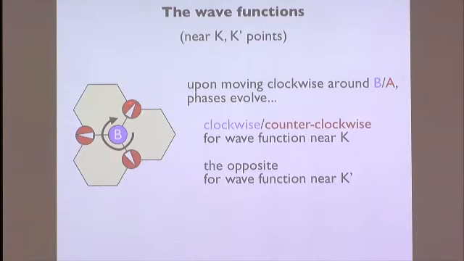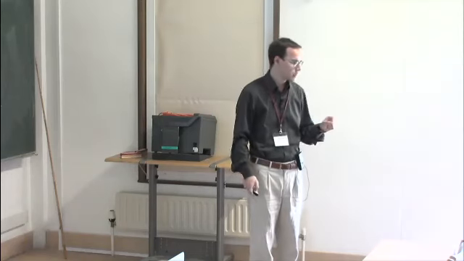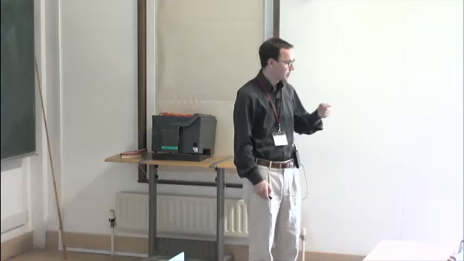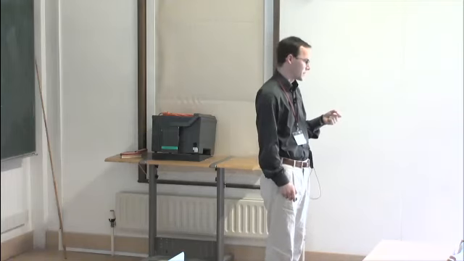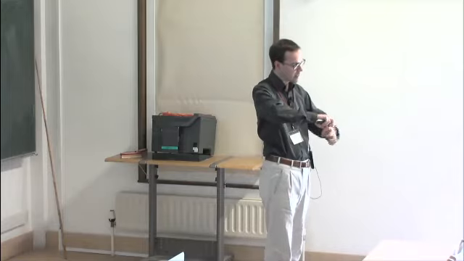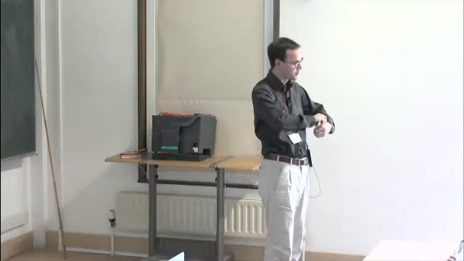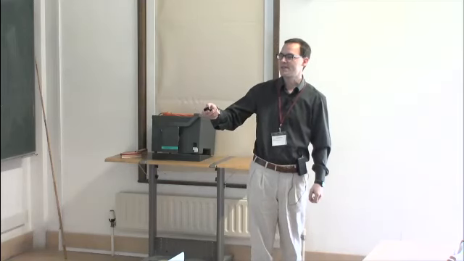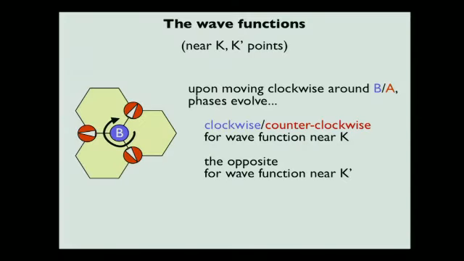If I pick a point on the A sublattice and I do the same, then I would see that the phase moves around counterclockwise. And at the k prime point, exactly the opposite happens. So this is somehow a handedness attached to these two different points. And so there's always a clockwise circulation counteracted by a counterclockwise circulation, and the roles of A and B are just inverted when I go from k to k prime. Okay?